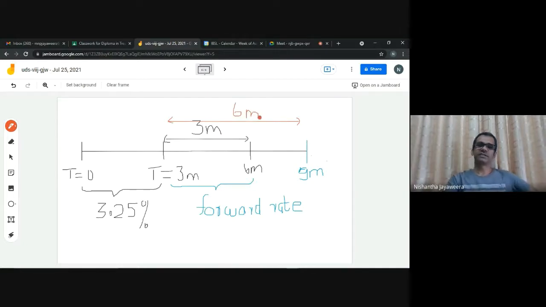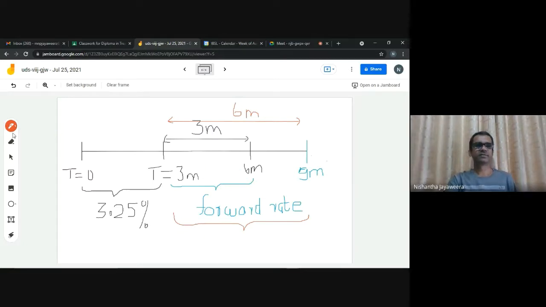What would be the interest rate for a 6-month period beginning after 3 months? What would be the interest rate for this whole 6-month period? That is also a forward rate.